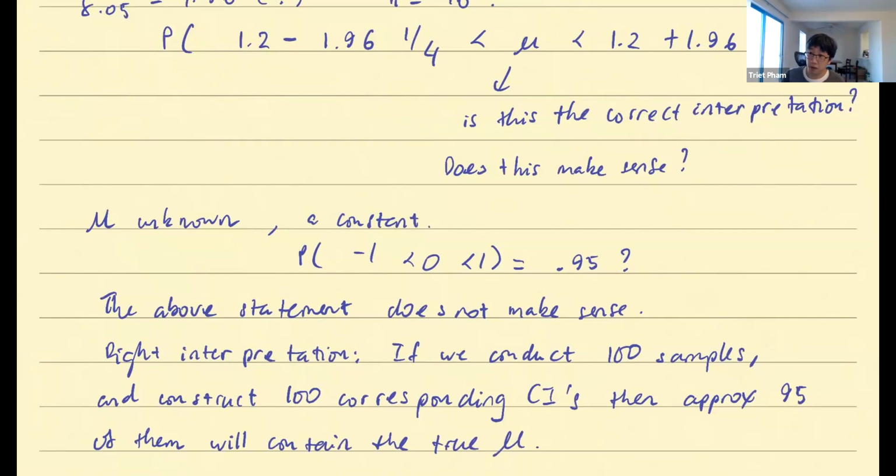So in other words, if you have formed one confidence interval, then the true mu is either in it or not. But before you form that, you can talk about, if I were to form one, then yes, I have a chance of 95% of getting it. Or another way that takes the mystery out of it is, if you keep doing your experiment 100 times, then 95 of your constructions will contain the true mean.